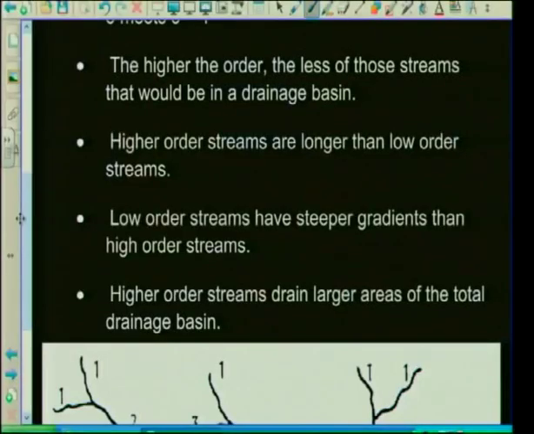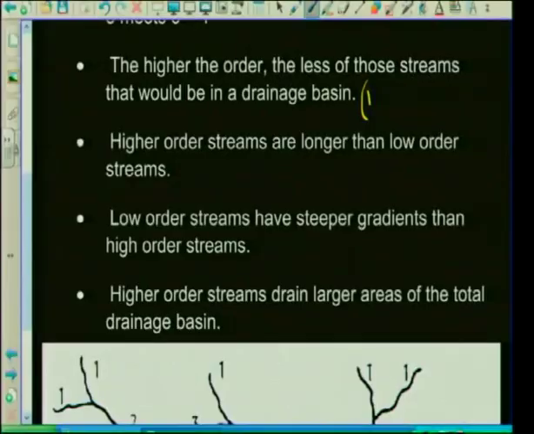What they're saying is that the higher the order, the less of those streams there would be in a drainage basin. Ultimately, the higher the order, the fewer the streams per order. In other words, there will be lots of first order streams and few fifth or sixth order streams.